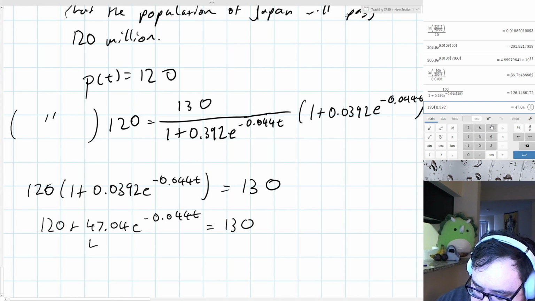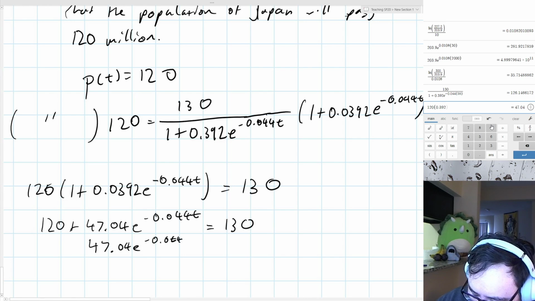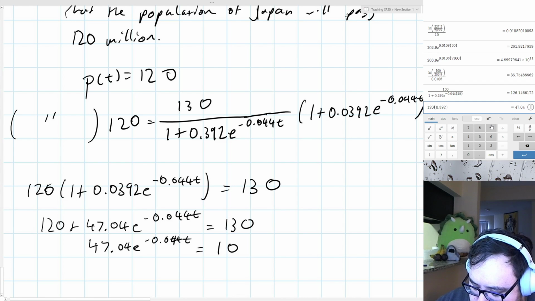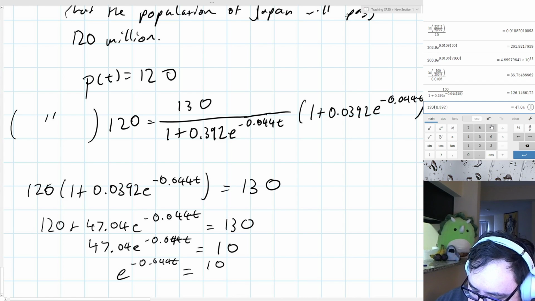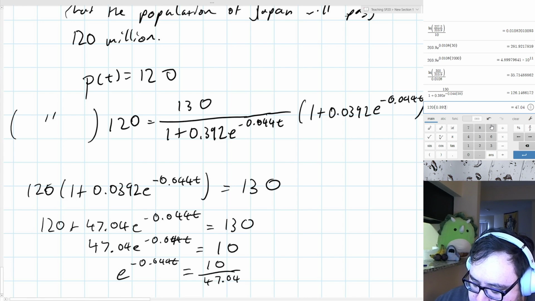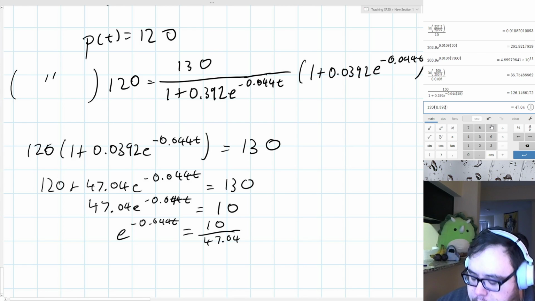So 47.04 e to the negative 0.044 t is equal to 10. And then we can divide both sides by 47.04. So e to the negative 0.044 t is equal to 10 divided by 47.04. And now we can apply a natural log to both sides.